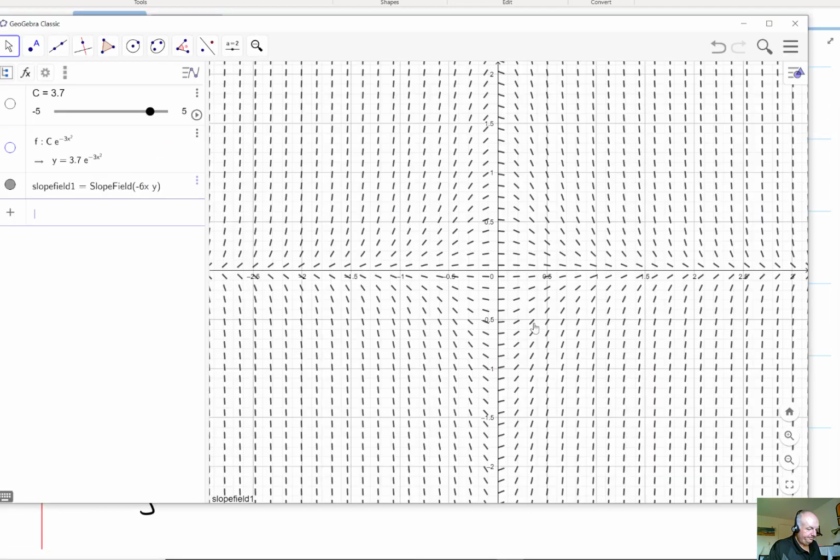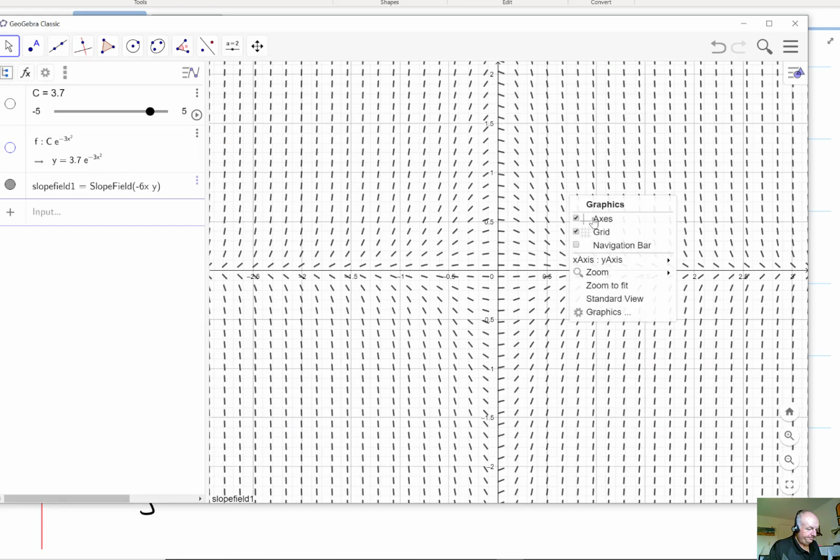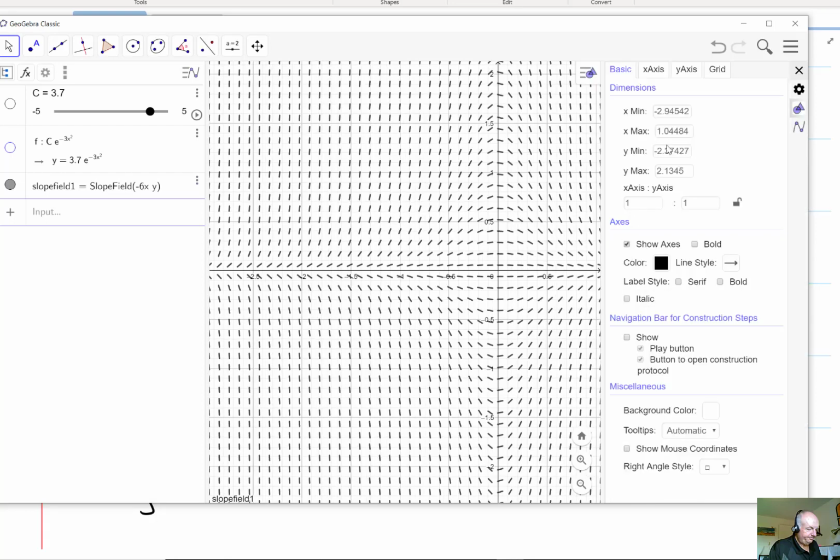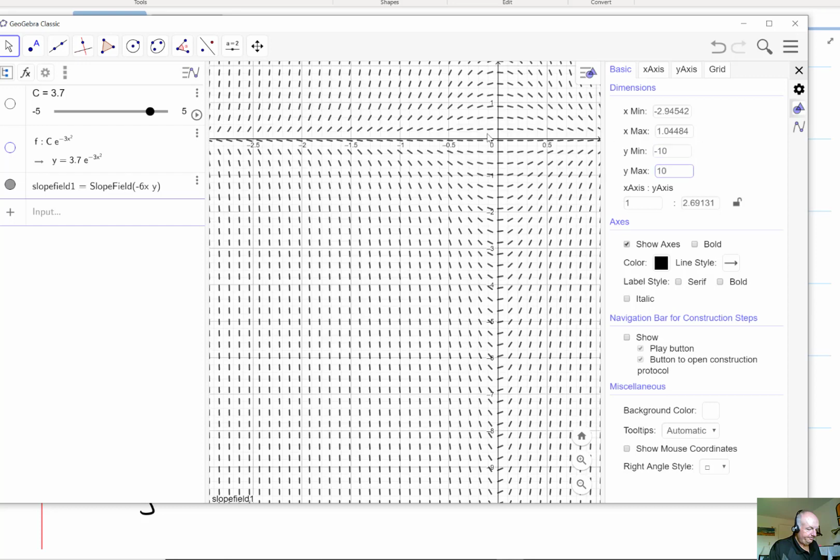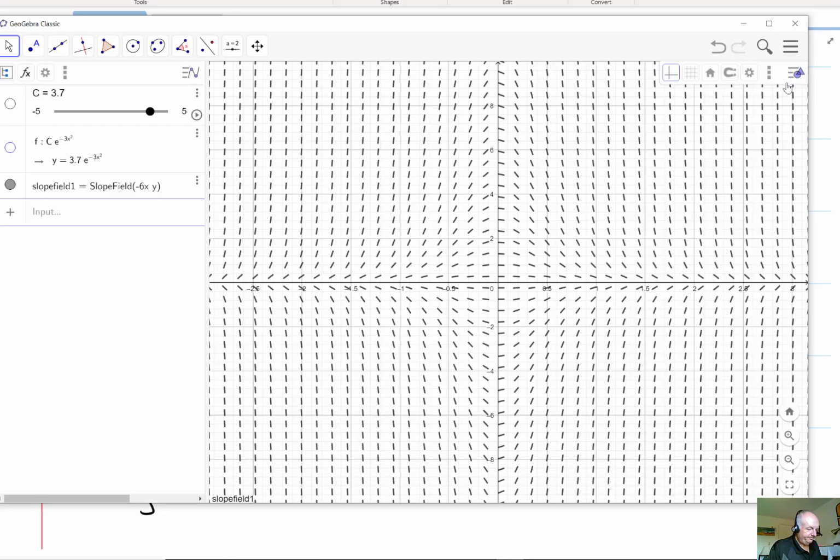So if we look up here at 0, 7, we see that the solution curves are going to be positive.